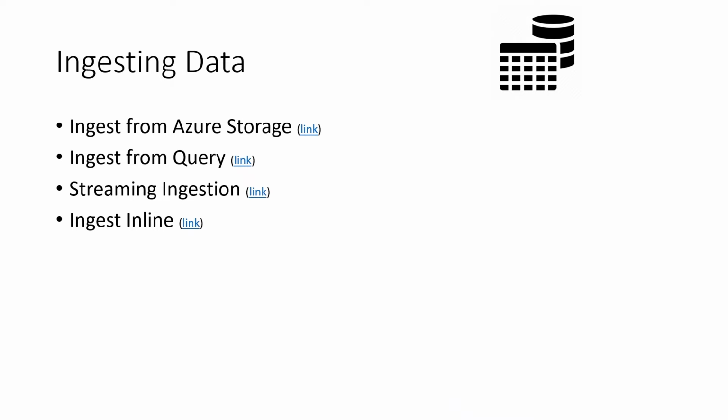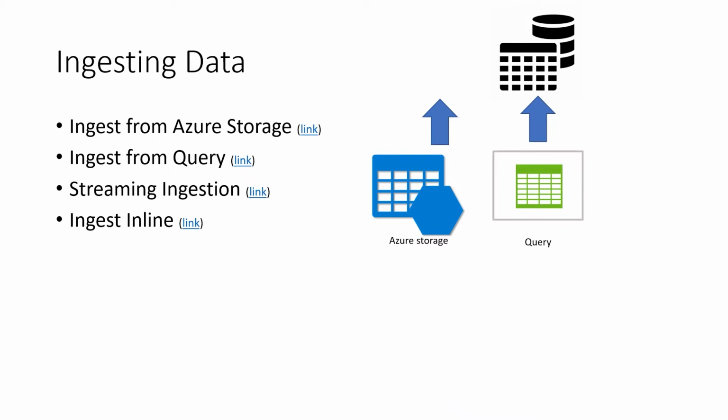All right, ingesting data. There are multiple ways that you can get data into ADX. You can, for example, pull it in from Azure Storage. You can write a query to pull it in from another ADX table. You can do streaming ingestion.